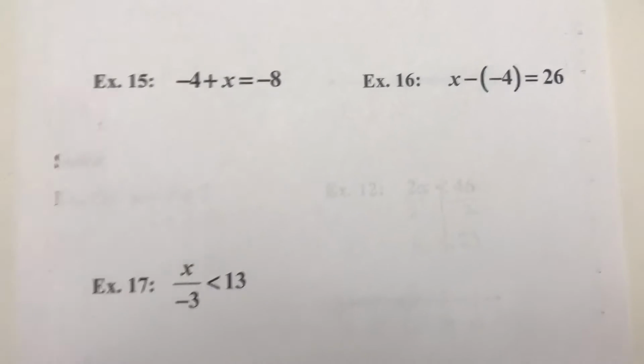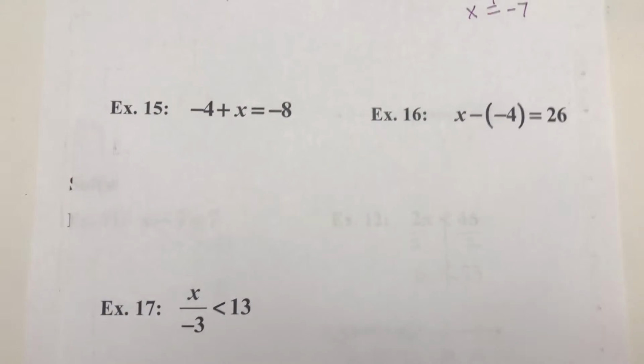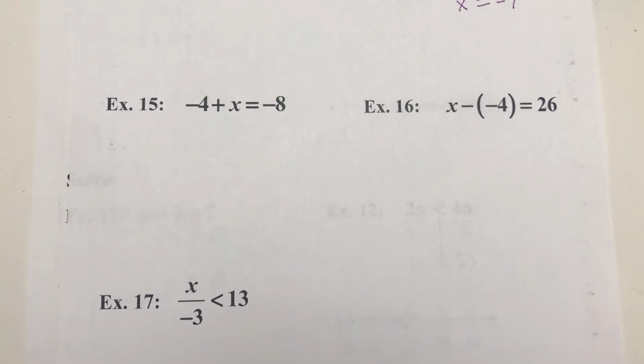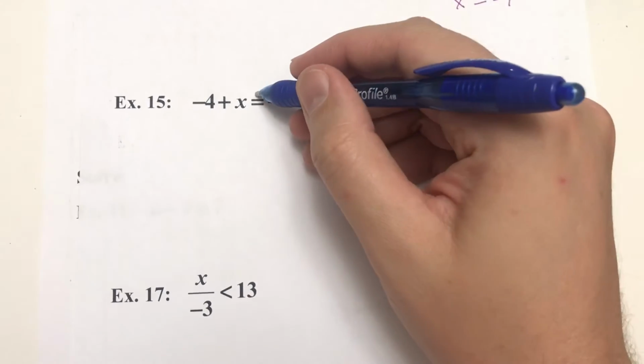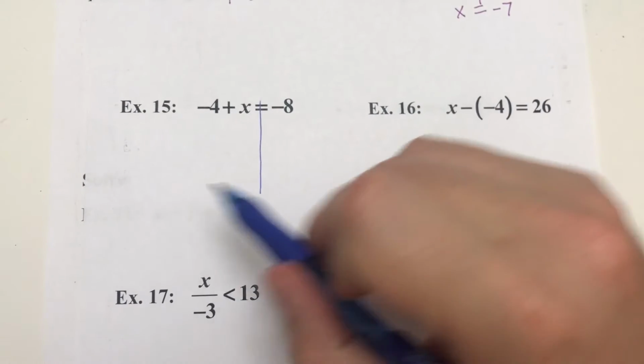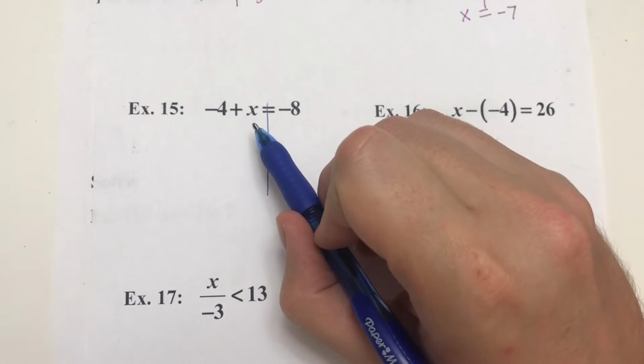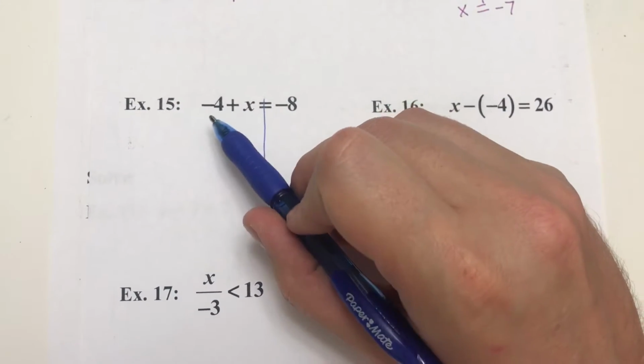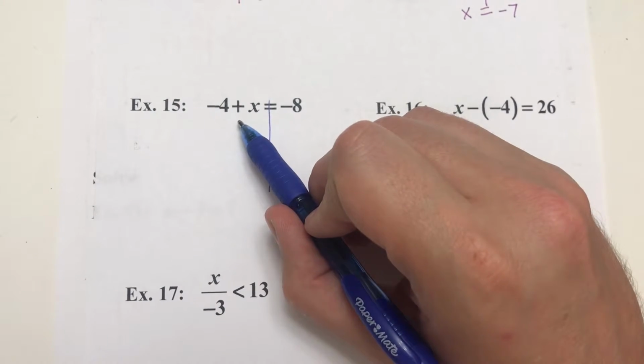Example 15. -4 plus x would need to equal -8. Draw the line through the equation equal sign and keep the two sides balanced. The x and the -4 are being added together.